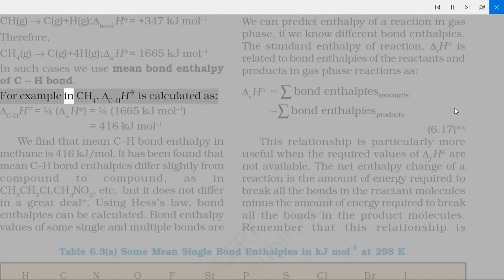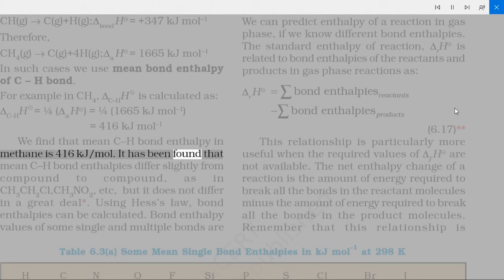For example, in CH4, the C–H bond enthalpy is calculated as one quarter of ΔaH, which is a quarter of 1665 kJ/mol, equal to 416 kJ/mol. We find that mean C–H bond enthalpy in methane is 416 kJ/mol.